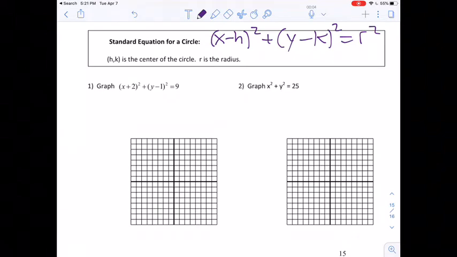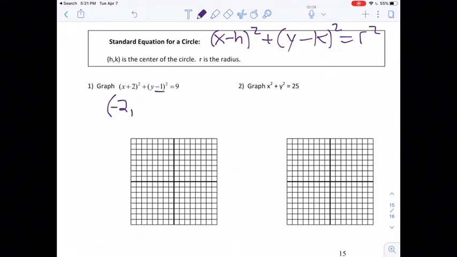If I was doing a problem like number 1, I would look at this and say, okay, these are the h and the k, and this is the r squared. Now, in the formula, it's a minus. So when I see x plus 2, that tells me the center is negative 2 comma something. See how it says minus 1?